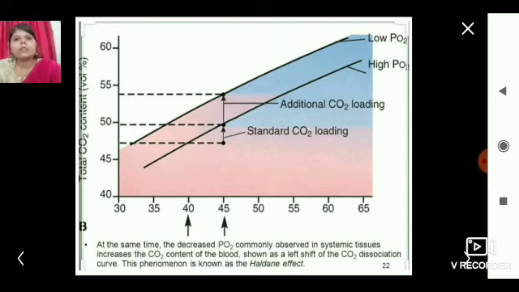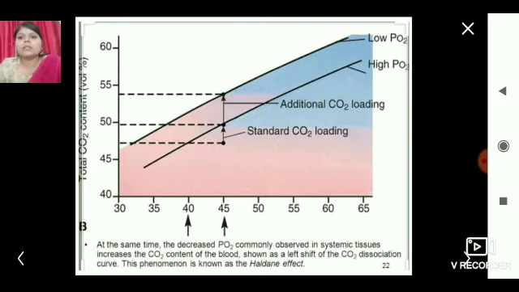This property of hemoglobin is called the Haldane effect, which occurs in the blood between the oxygen molecules and the carbon dioxide molecules.